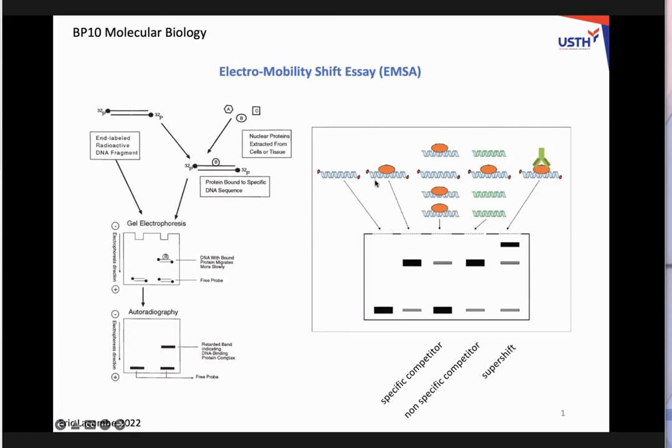So I will explain the 4 lanes from the left to the right. In every EMSA experiment, we do these 4 tests. On the top of the drawing you have what is happening in every reaction.